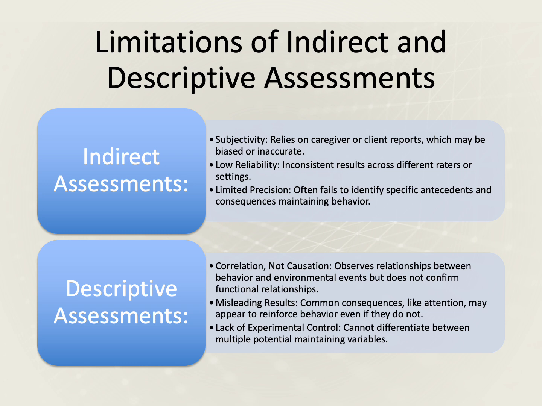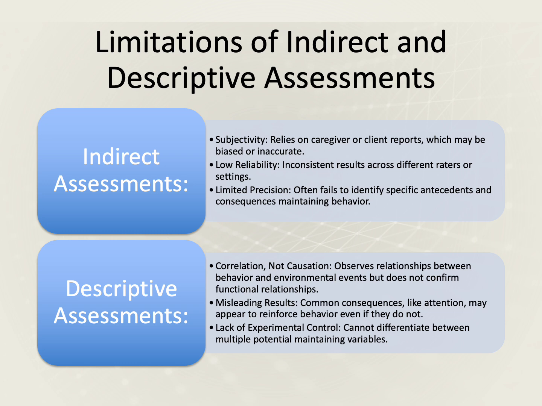Descriptive assessments also have their own limitations, in that with descriptive assessments we are just observing what's going on in the environment and we're not necessarily manipulating anything. The descriptive assessment, like I said, can sometimes give us a very clear picture of what the function of the problem behavior is, but oftentimes that's not the case. A descriptive assessment is always going to give us a correlation, but it's not going to give us a causation.